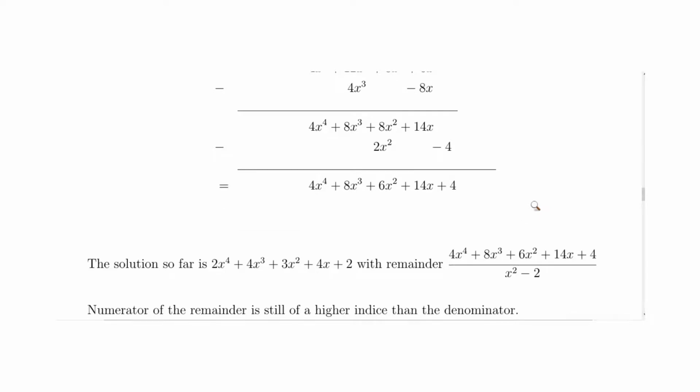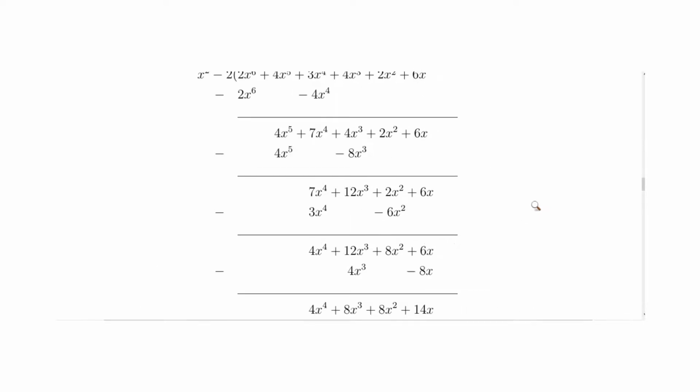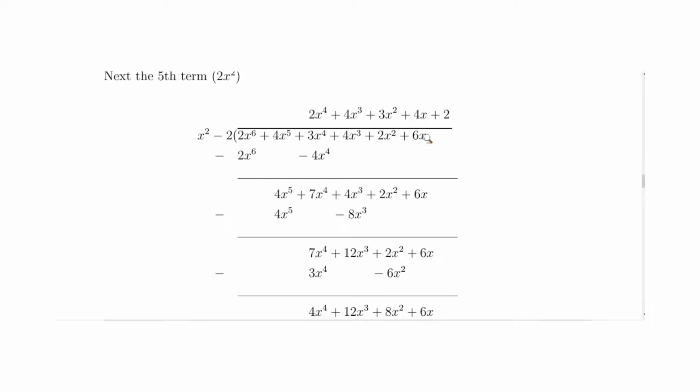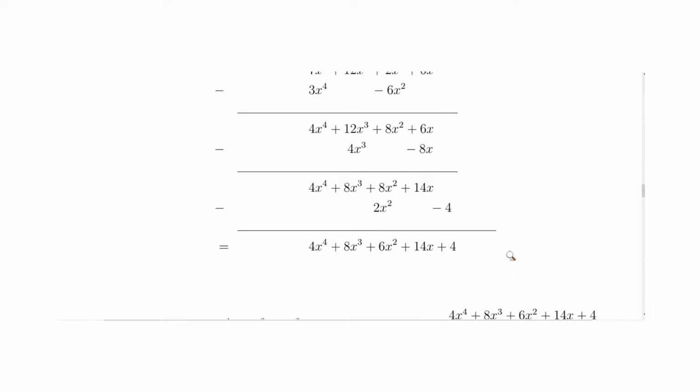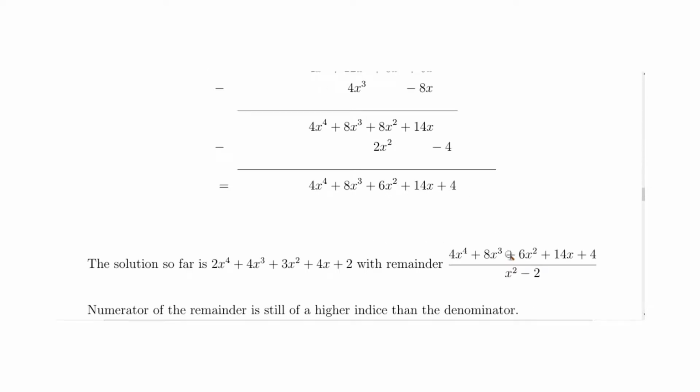Okay, so now going back to our original question here, we now know the 6x here, we cannot divide that by x squared minus 2 because the power of the x is less than the x squared. So now we go to the remainder. So we have so far 2x to the 4 plus 4x cubed plus 3x squared plus 4x plus 2.